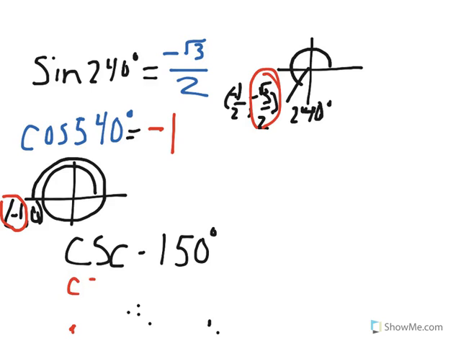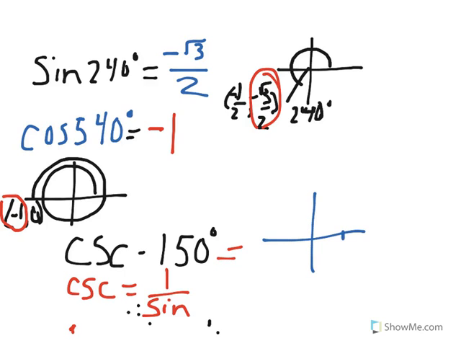So cosecant is really equal to 1 over sine. Okay, so again, think about the unit circle. Where's 150 degrees? You've got a couple options because this is asking for negative. We go clockwise when we go in the negative rotation. So that's 90 degrees, and then right here is -150 degrees.